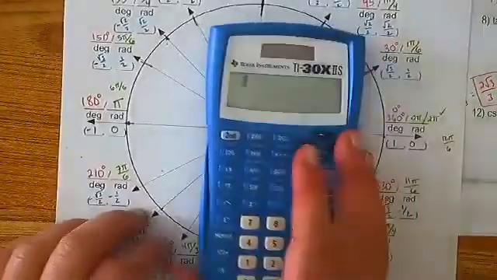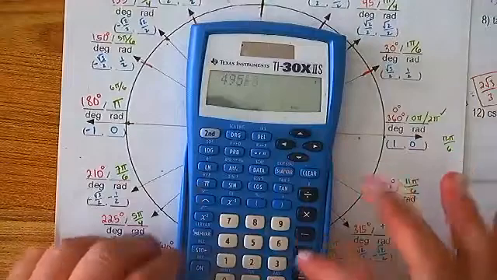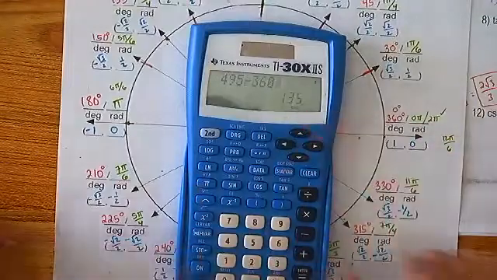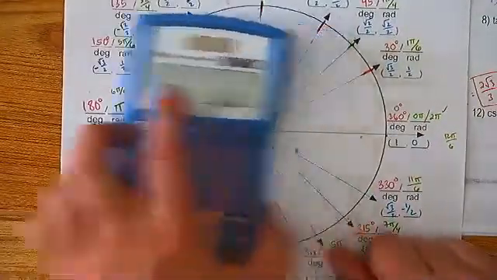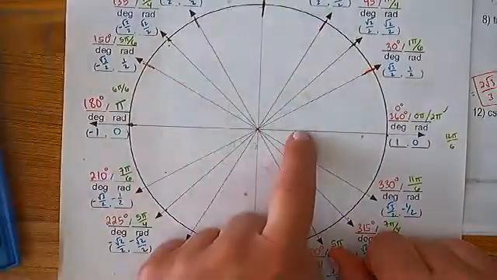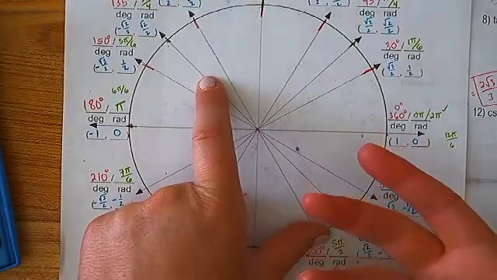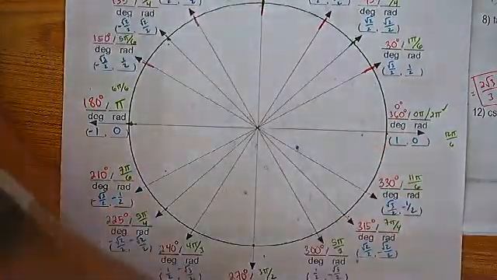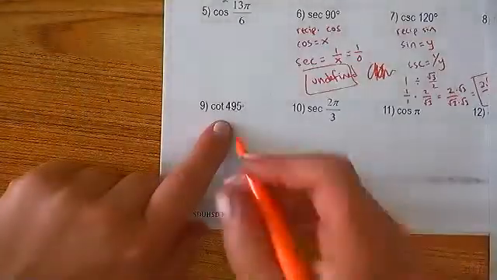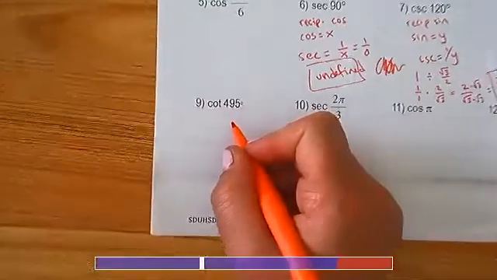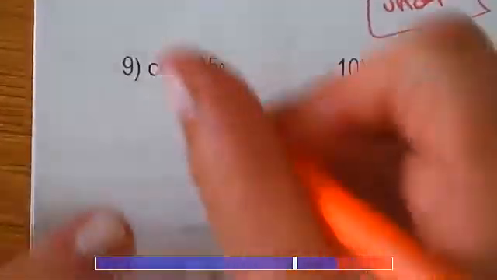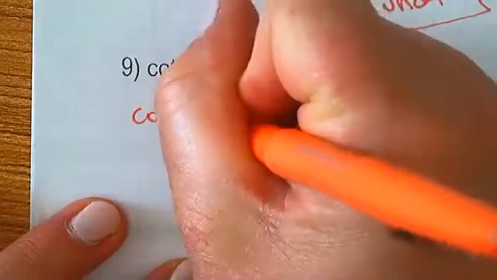The way that I like to do this is take that number, 495, and subtract 360, which is 135. So 495 is the same thing as doing a full 360 and adding an extra 135, because that totals to 495. So the position on the unit circle of 495 for cotan is equivalent to cotan of 135.